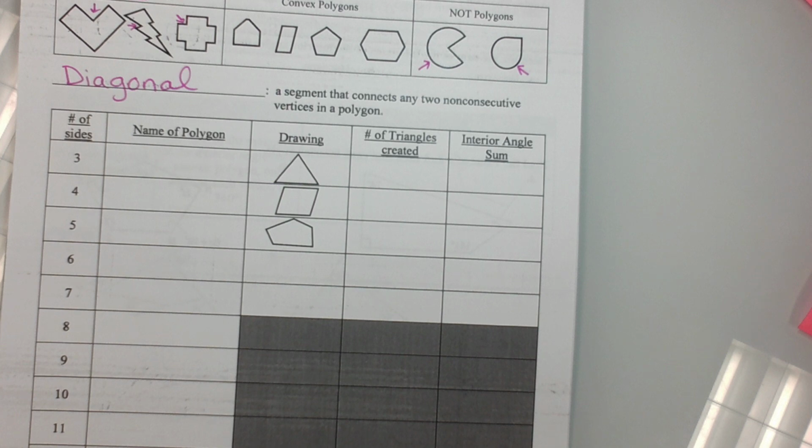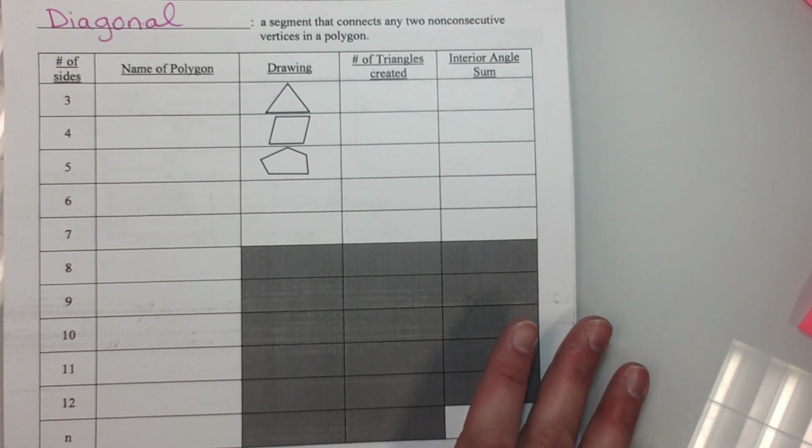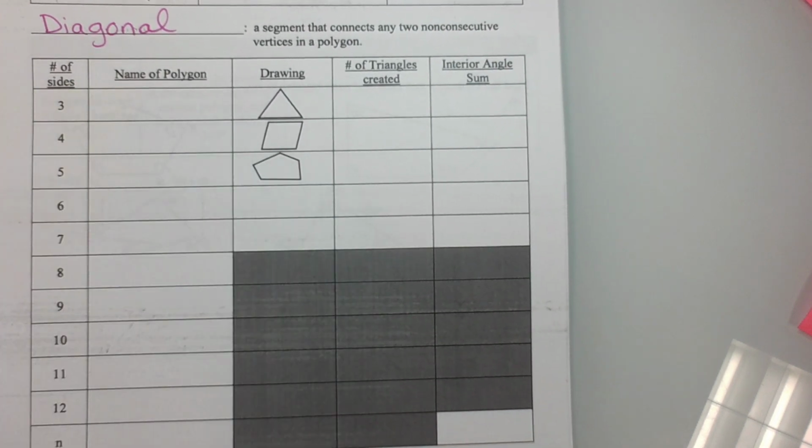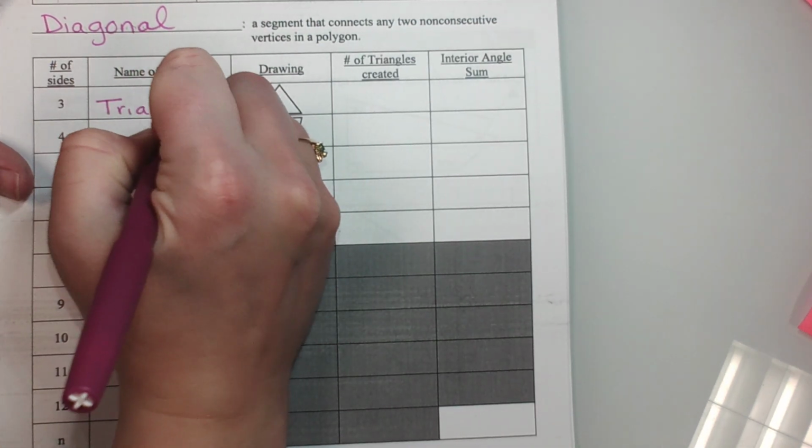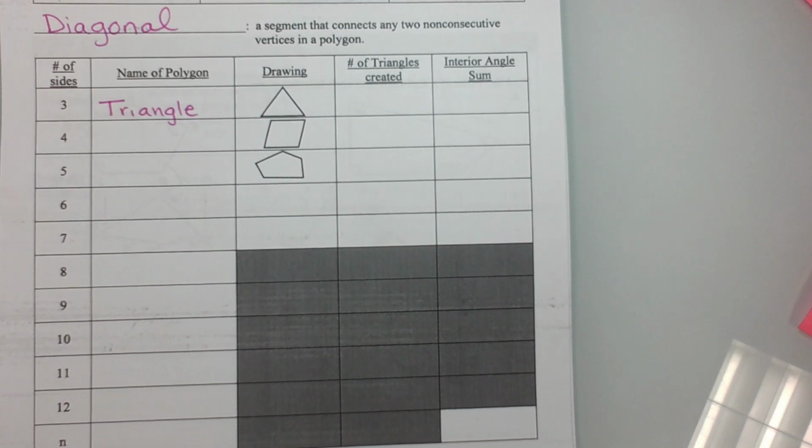But we're also going to be naming polygons by how many sides they have. Some of these names you already know. For example, you know the name of a 3-sided polygon. It's a triangle. What about a 4-sided polygon? That's a square.